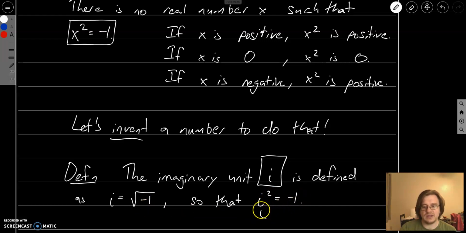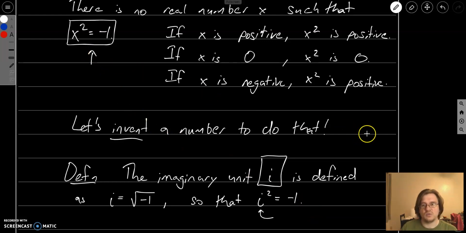Now, we know that I can't be any real number. It can't be something like 2 or 6/2 or -13/6. It can't be a positive number, a negative number. It can't be 0. It's not a number in the traditional sense of a number. This is something that we have purely made up to satisfy this equation right here.